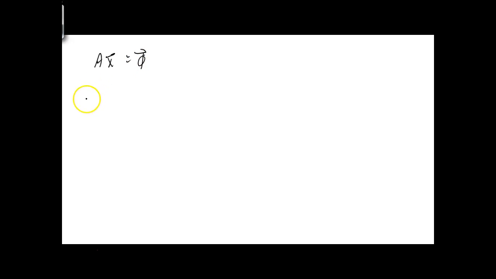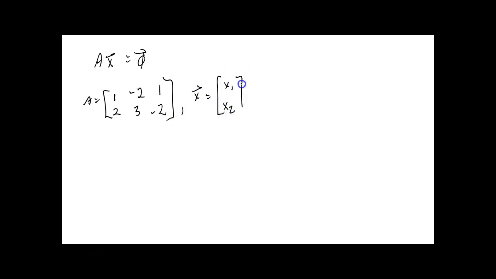Where A is, and it doesn't have to be square, 1, -2, 1, 2, 3, -2. And X is simply X1, X2, no, X3. Okay, I forgot X3. And that has to be 3 elements there. Let me clean that up just a little bit.